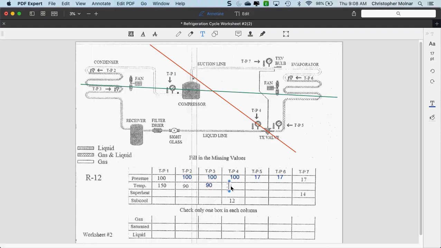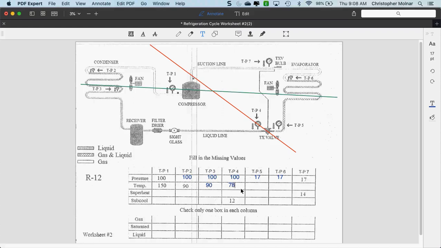How do you get 78? 78 or 88? 90 minus 12. 88. No, it's 88. 90 minus 12 is 78. I thought it was 100 minus 12.